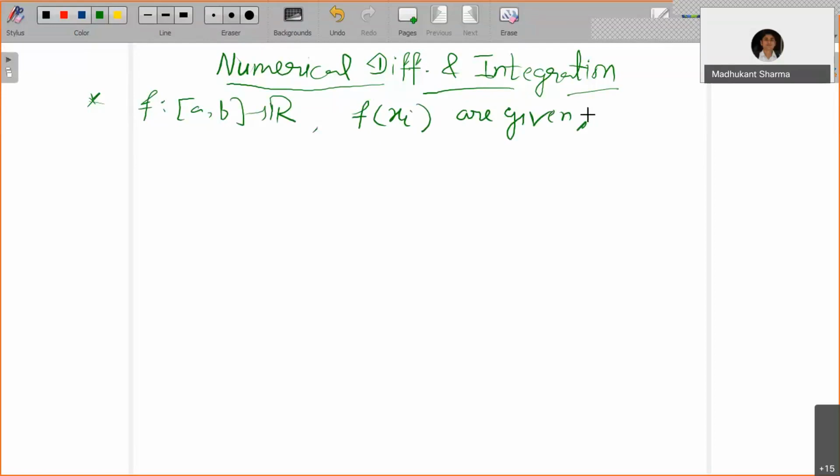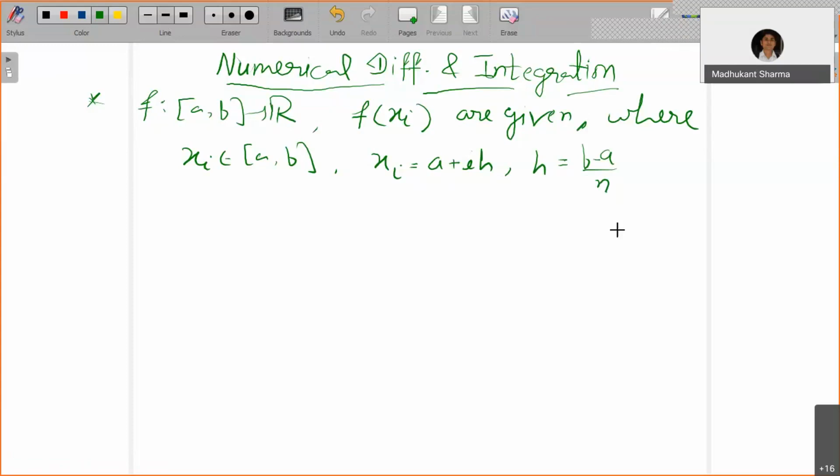Given xi's belonging to the closed interval [a, b], and they may be uniformly spaced, or they may not be uniformly spaced. If they are uniformly spaced, you can write them as a plus ih, with h equal to (b minus a) by n.